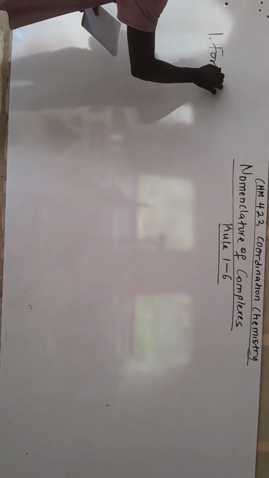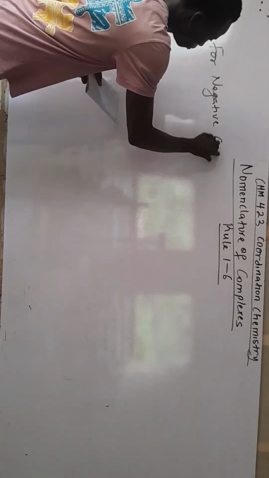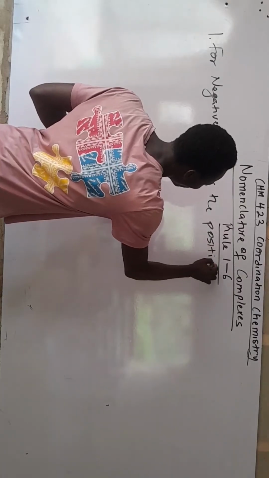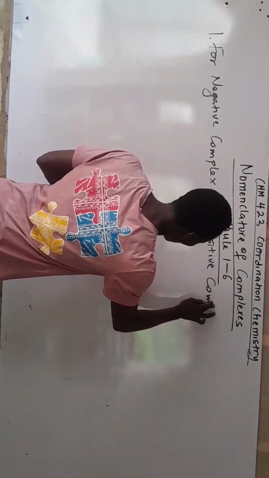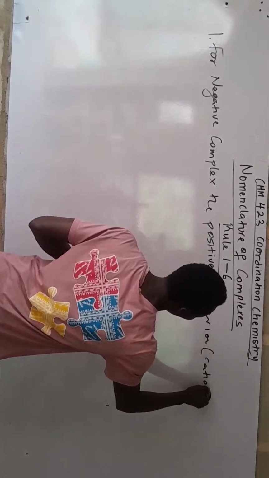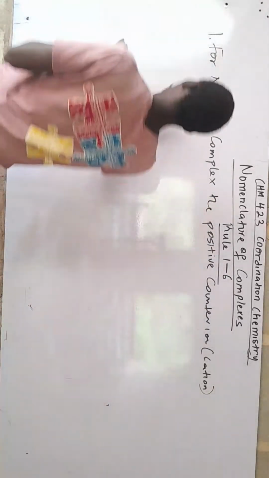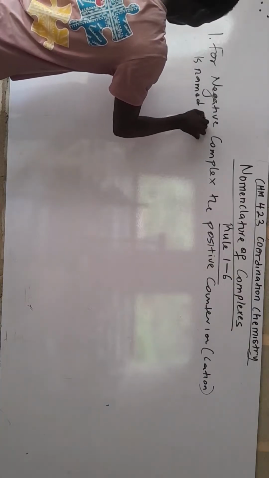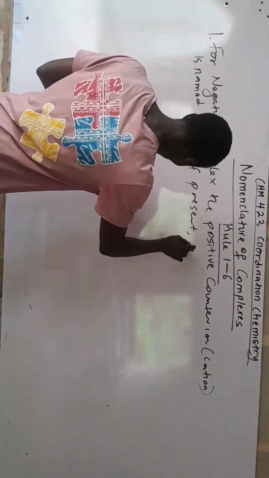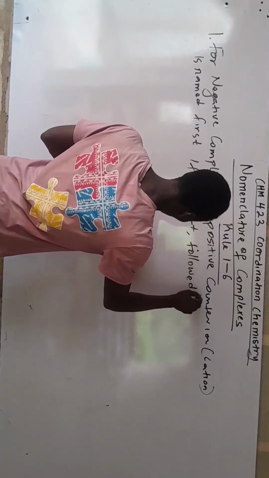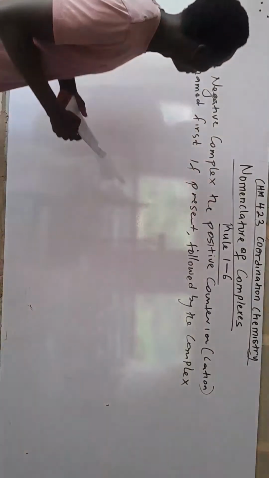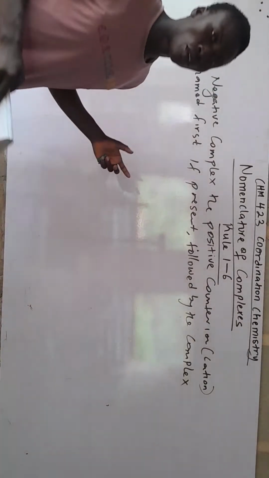Now, rule number 1 says that for a negative complex, the positive counter anion, which is the cation, is named first, if present, followed by the complex.